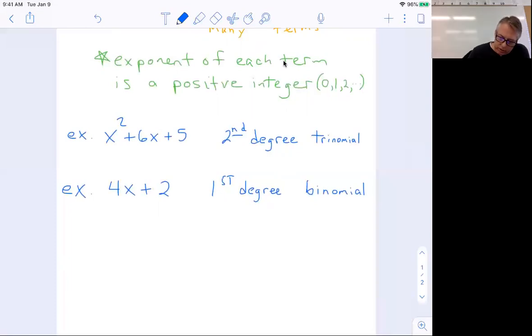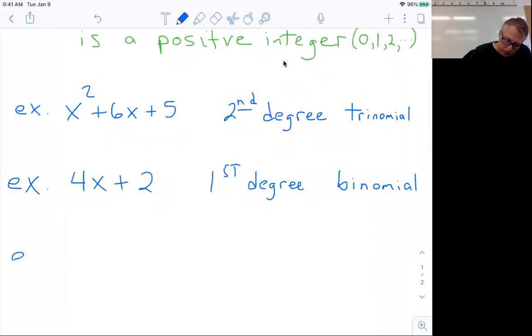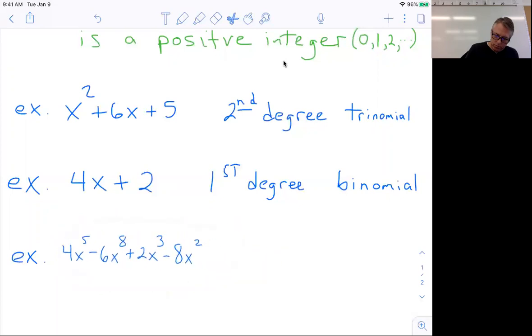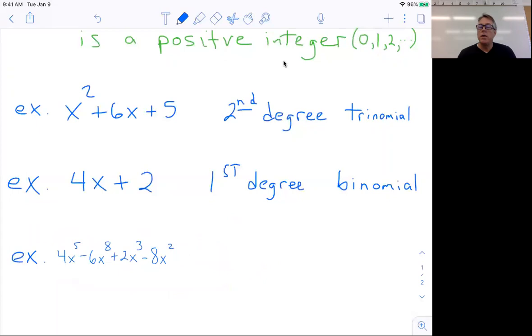So let me give you something crazier. Something like 4x to the fifth minus 6x to the eighth plus 2x to the third minus 8x squared. That's big and ugly, but that is a polynomial. Now be careful.